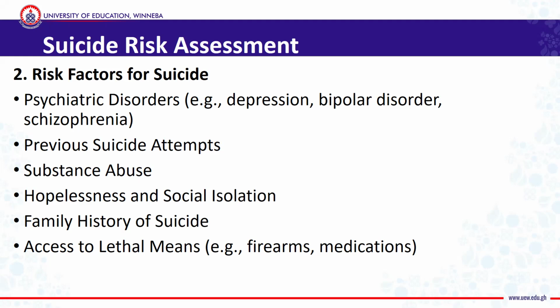And they feel like they are hopeless, and they feel like they are isolated. They may have a family member who has died through suicide. And sometimes they can use lethal means. They drink some chemical and die, DDT, or they use a firearm on themselves. That is one thing. We call that access to lethal means.